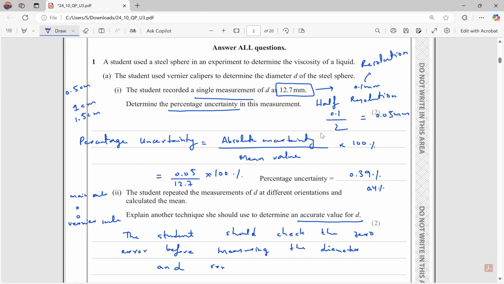and remove it, or rather than remove, because remove could also just mean subtract, while zero error could be corrected by either addition or subtraction depending on the particular situation. So, correct it in the final reading.